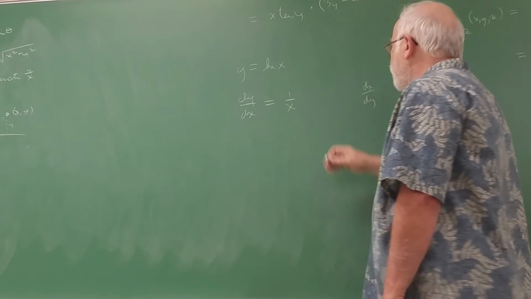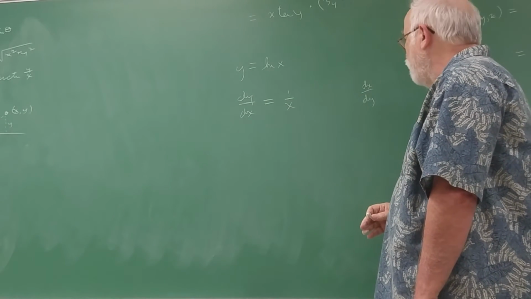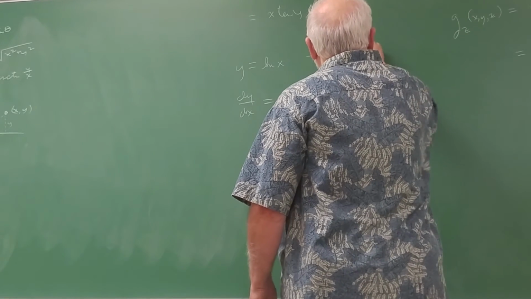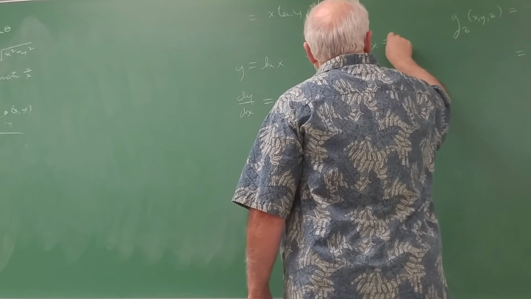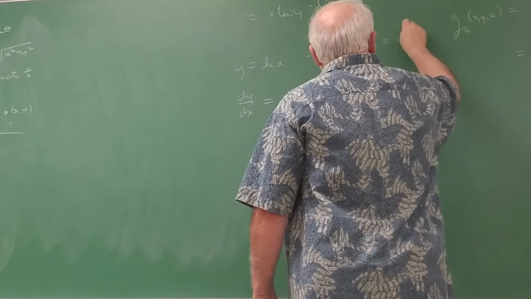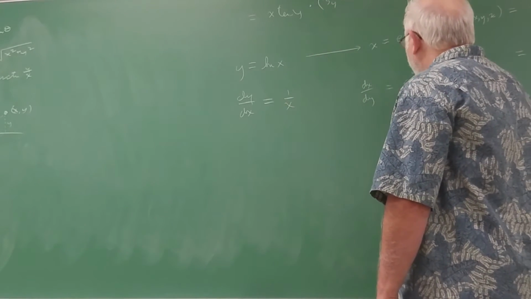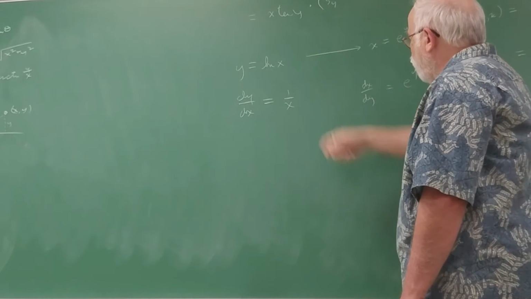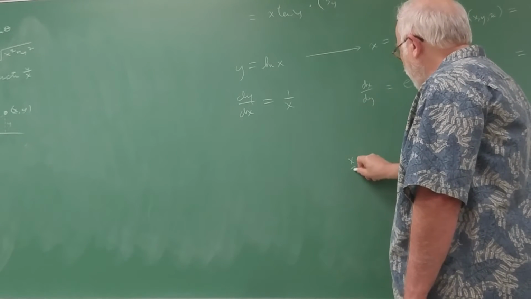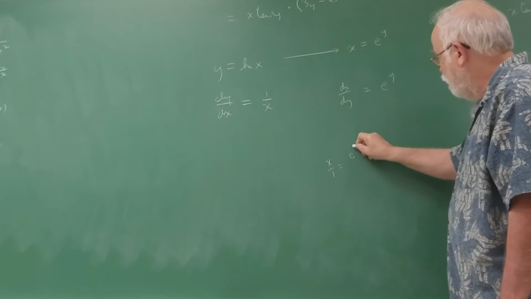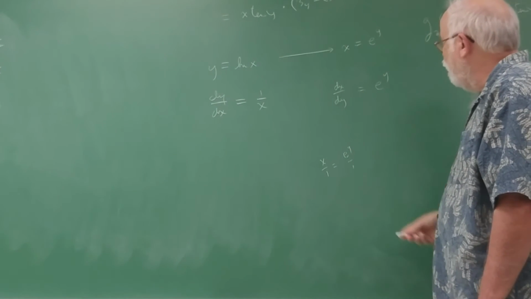Is that the same thing as just inverting both sides? You could solve for x and then take the derivative. All right, so if I solve for x, I get x equals e to the y, and the derivative is e to the y. And if I invert 1 over x and get x over 1, what's x? e to the y. Oh, yeah, same thing.